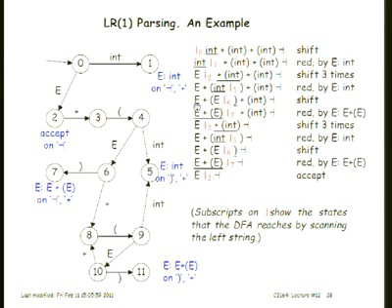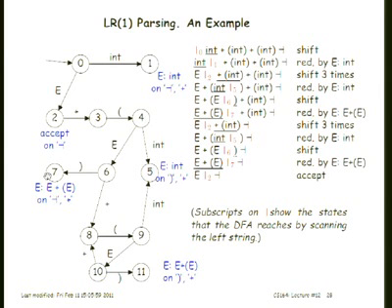And now we're in a state, now let's see what happens. So E plus parenthesis E takes us down here and tells us, nope, there's no reductions to take, so you better keep going. Well, okay, fine. So E plus parenthesis E, and the next thing is a right parenthesis, so we'll go E plus parenthesis E right parenthesis.